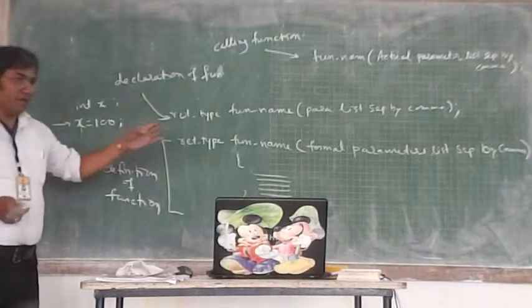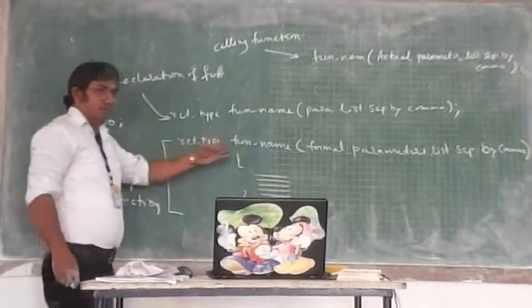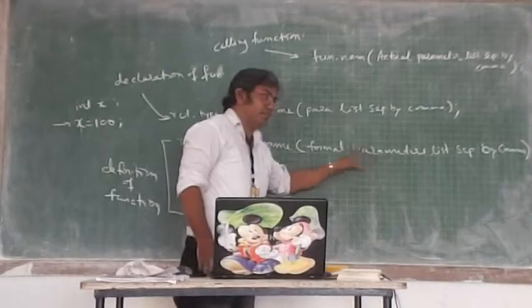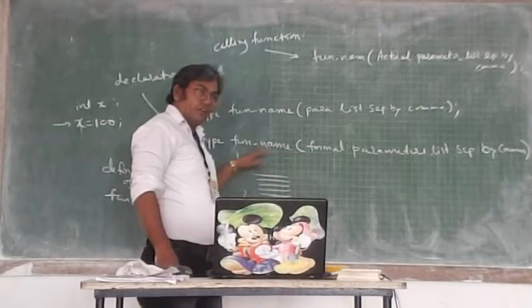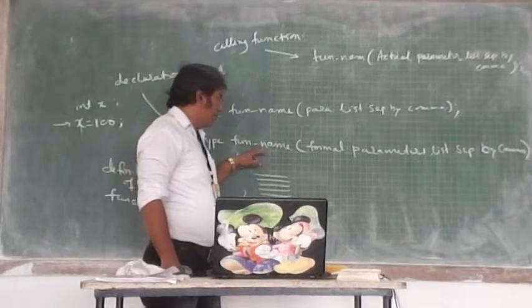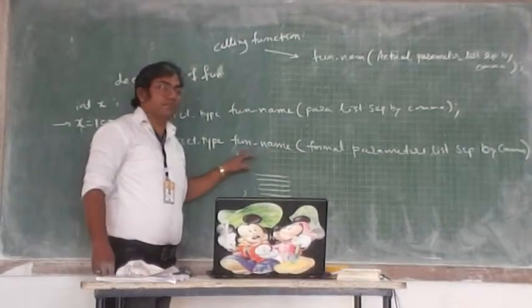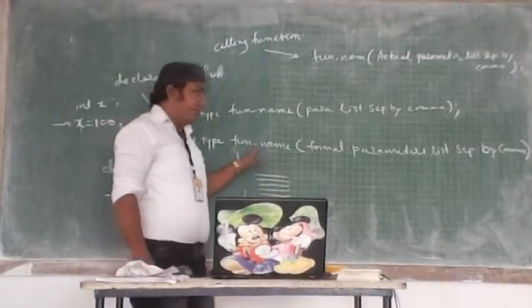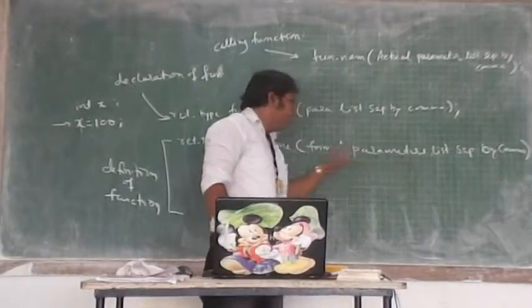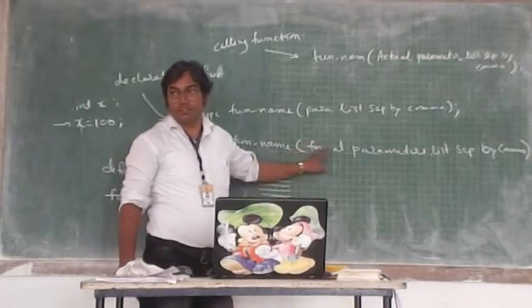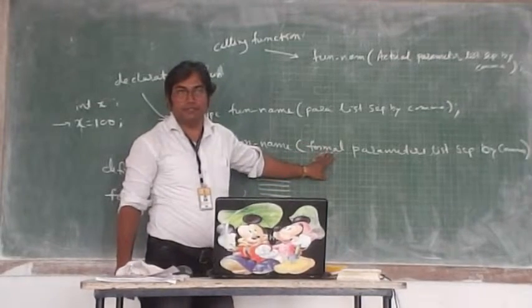Formal parameters are the parameters which are supplied to the function definition. This is a function definition, isn't it? Whatever parameter you supply to the defining function is called a formal parameter.